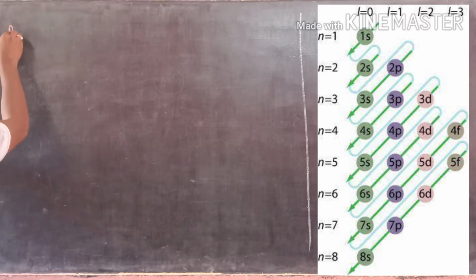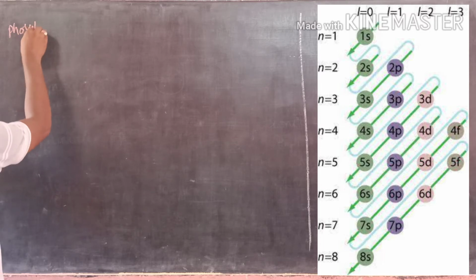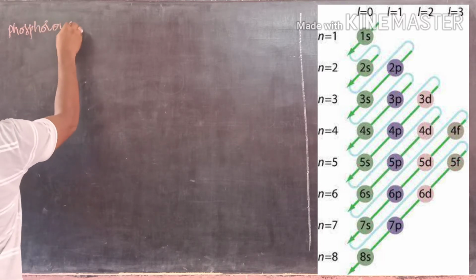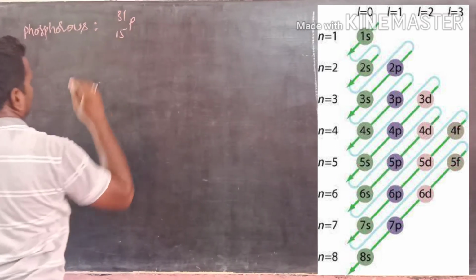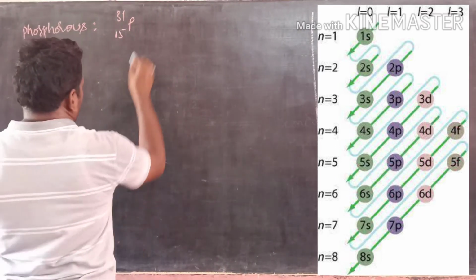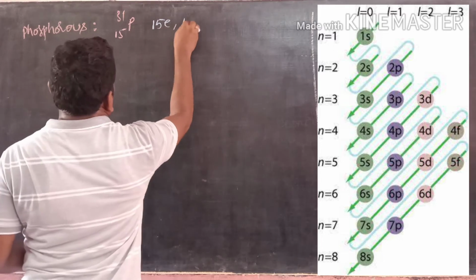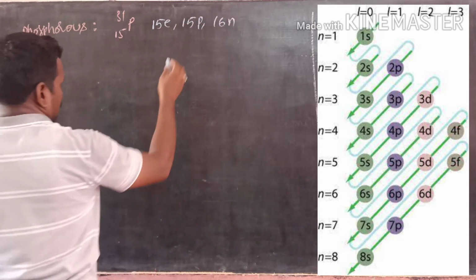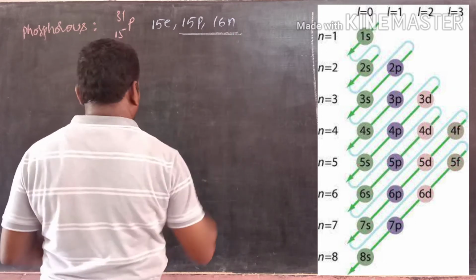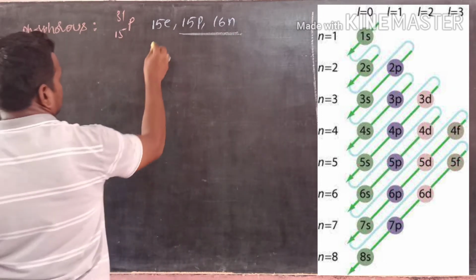The next element is phosphorus. Its general representation is P, mass number 31, atomic number 15. It contains 15 electrons, 15 protons and 16 neutrons. These 15 protons and 16 neutrons are inside the nucleus.